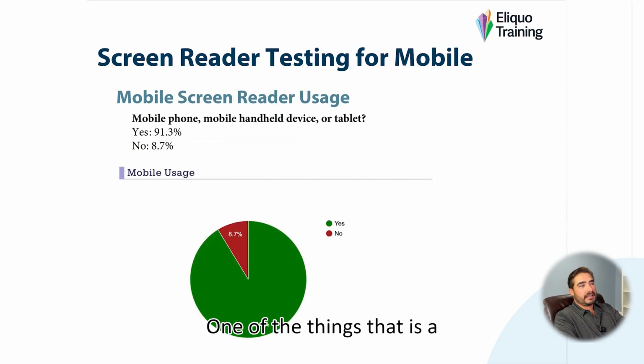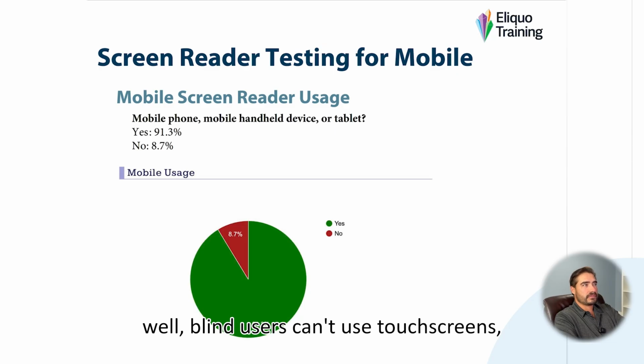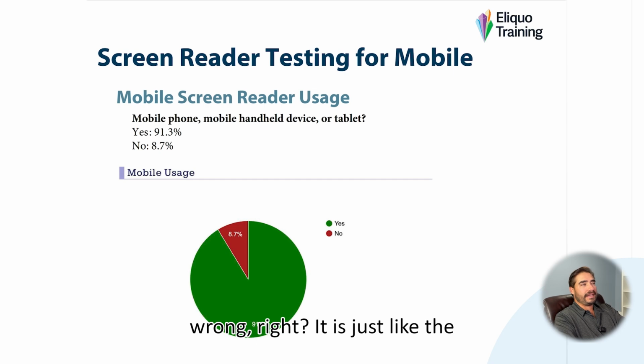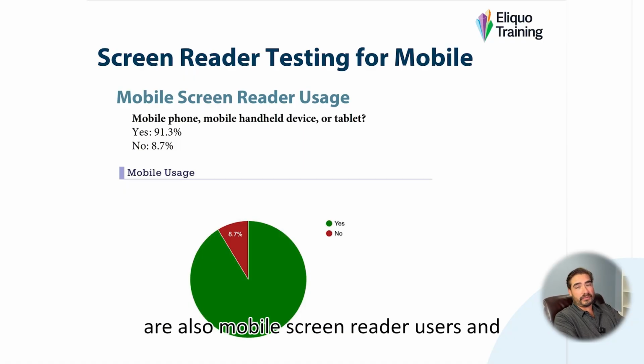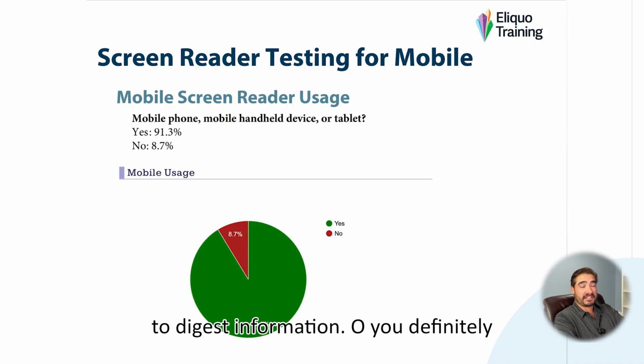One of the things that is a misconception is a lot of people think, well, blind users can't use touchscreens. They're blind. You couldn't be more wrong, right? It is just like the rest of us, our primary device that we use on a day-to-day basis. Over 91% of screen reader users are also mobile screen reader users, and it is their primary device for them to digest information.